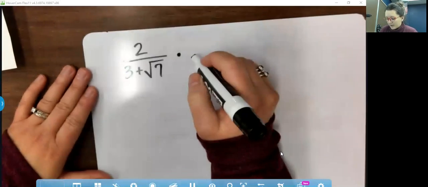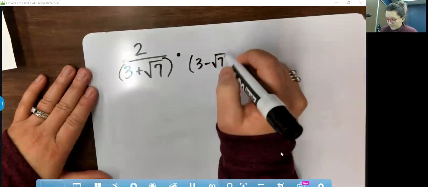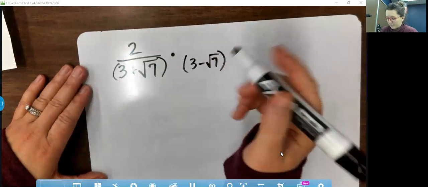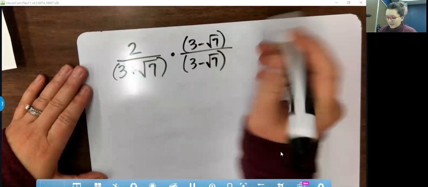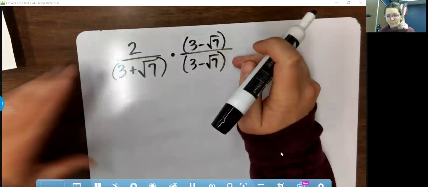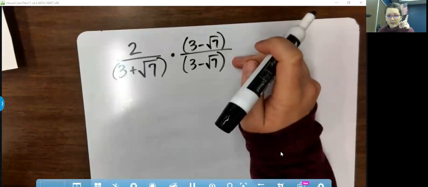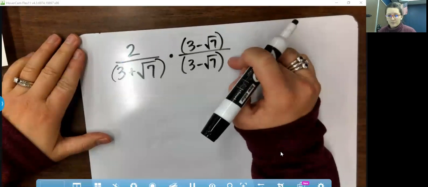Well, I'm going to multiply it by its conjugate. But not just the bottom, because if I multiply just the bottom, that's not a form of 1, right? I can only multiply it by a form of 1 if I have the same number on top of the same number, that equals 1. So think about that. Anytime you rationalize a denominator, you want to multiply it by a form of 1. So that means whatever you do on the top, you've got to do on the bottom.